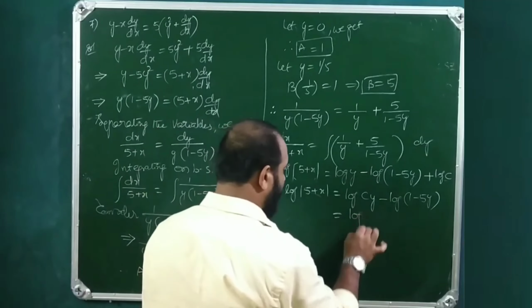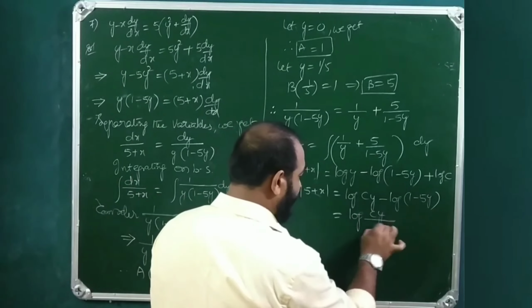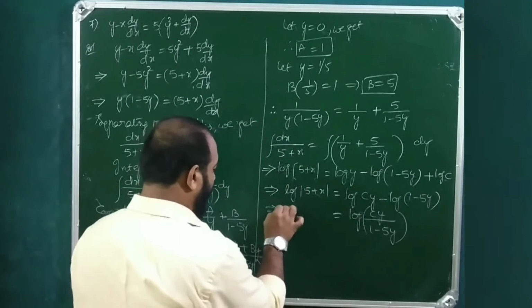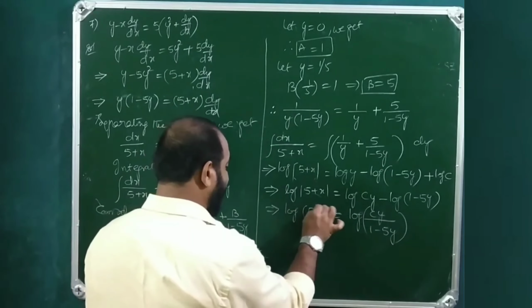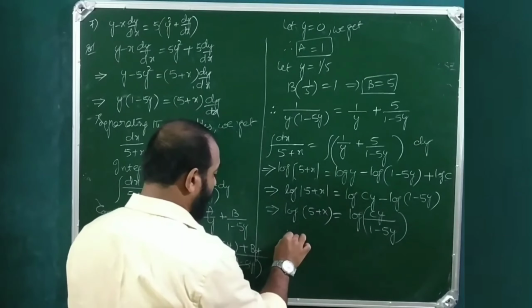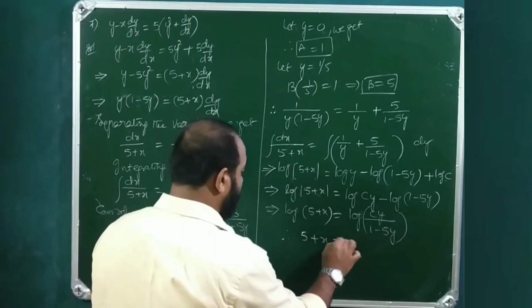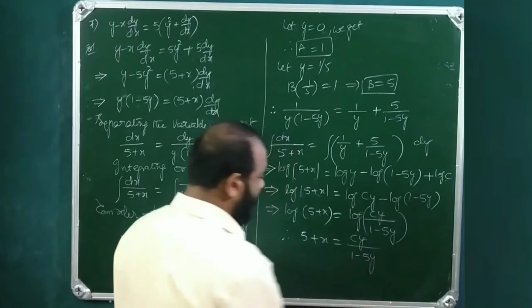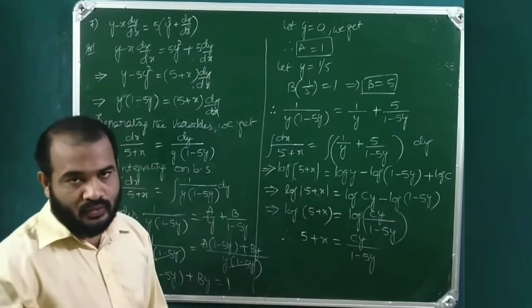So this is log of cy by (1 minus 5y) is equal to log (5 plus x). Therefore, 5 plus x is equal to cy by (1 minus 5y), which is the required solution.